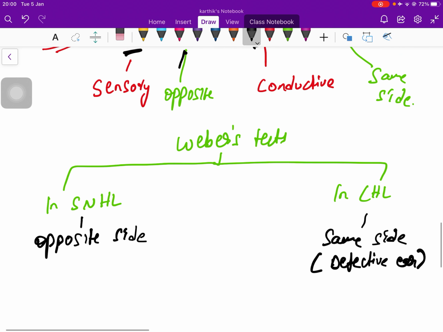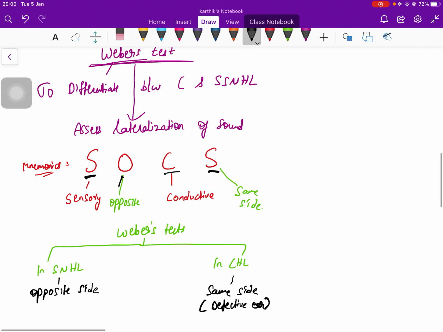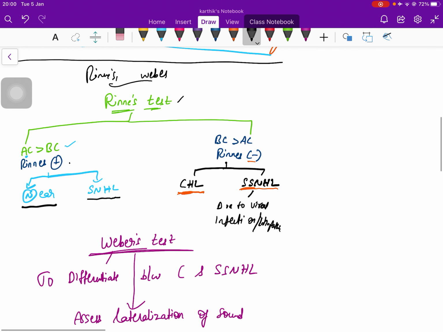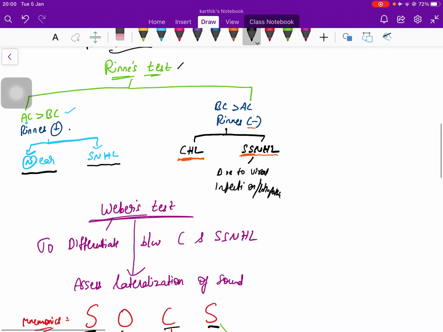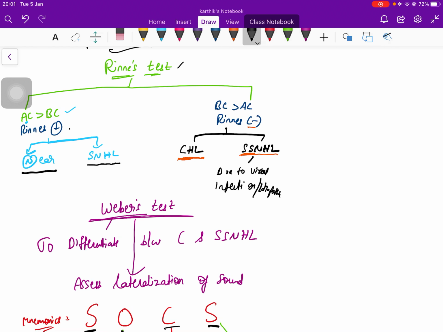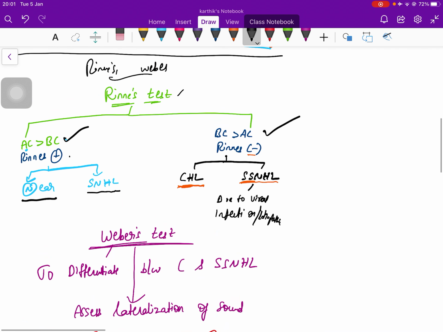Okay. Now that's all about Rinne's and Weber's. Now I will show with an example how to interpret. Before interpreting, let's revise quickly. Rinne's test can be positive or negative. If it is positive, it means air conduction is greater than bone conduction. So positive can be because of a normal ear or because of sensory neural hearing loss.